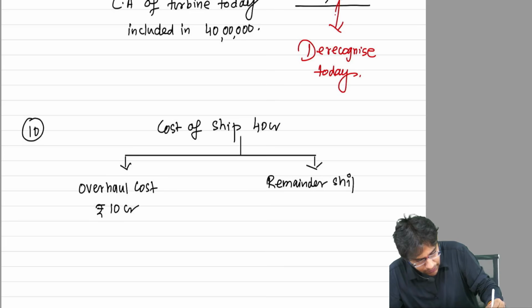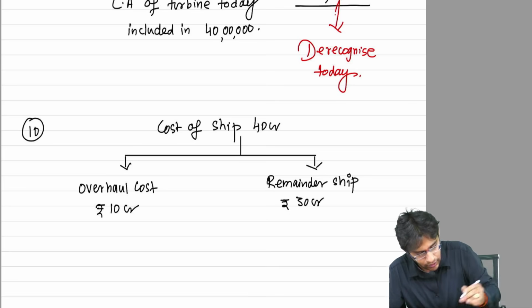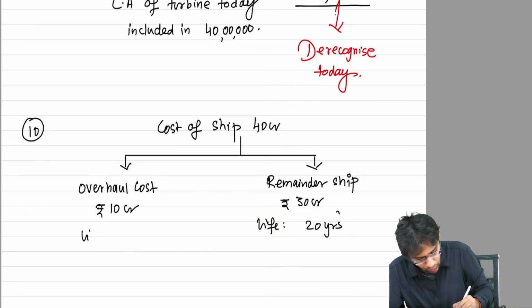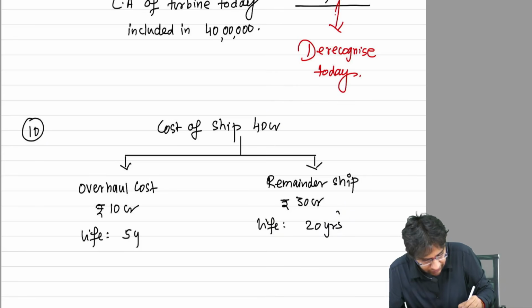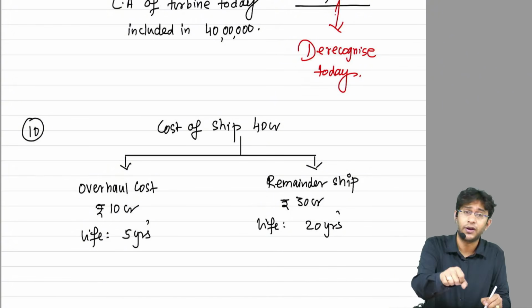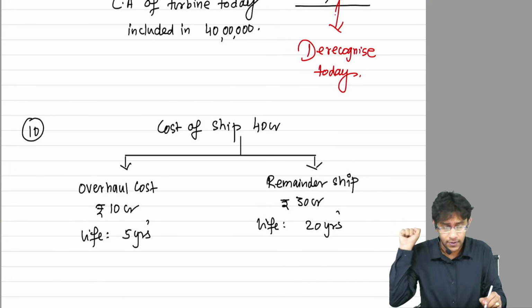The remainder ship cost is 30 crores. Now he says the life of this ship is 20 years. But overhaul cost you have to incur every 5 years. So the major overhaul, whatever is already incurred, its benefit will last only for a period of 5 years.